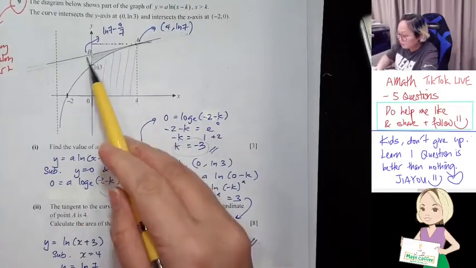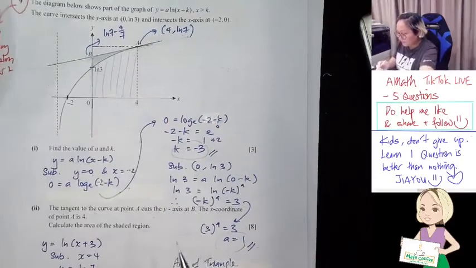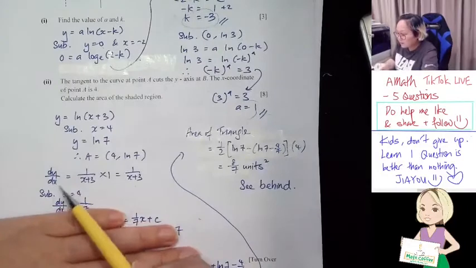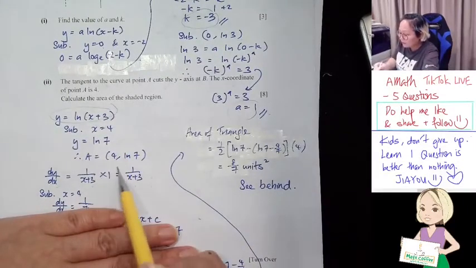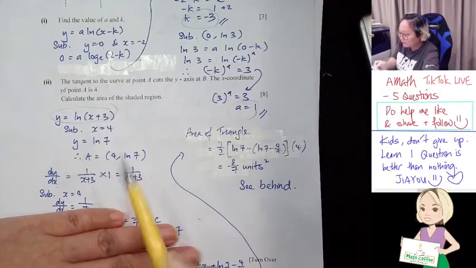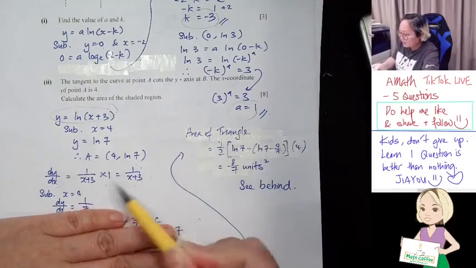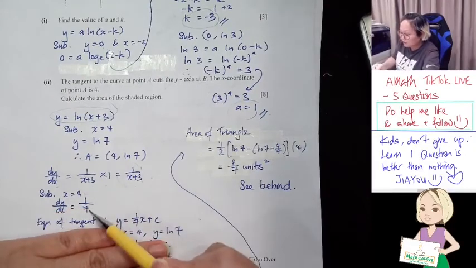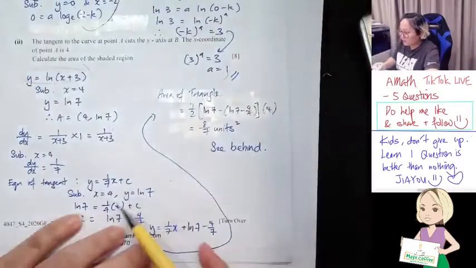Okay? So in this case, I need to differentiate my curve. So differentiate, see here, dy/dx, this ln will just be 1 over (x plus 3) multiplied by differentiating the inside, which is 1. So my dy/dx is 1 over (x plus 3). Sub in my x equals to 4, so it will be 1 over 7. So that means the gradient of this line will be 1 over 7.